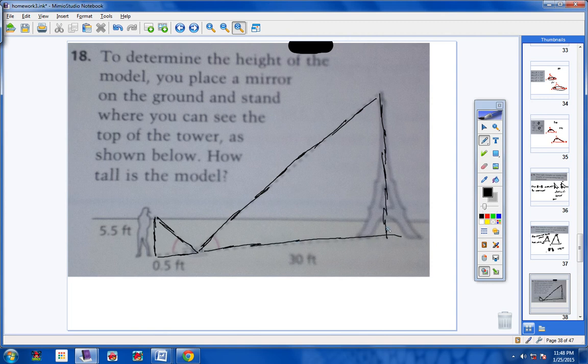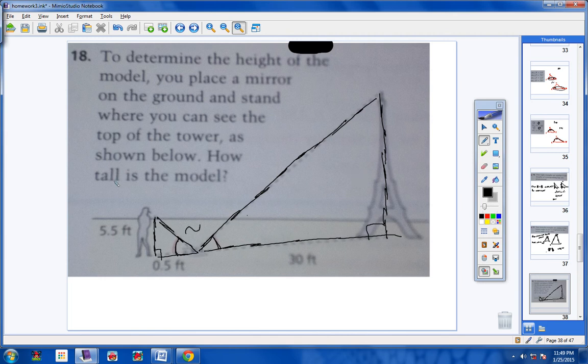So I've got a right angle here, I've got a right angle here. They tell you these angles are congruent. Students, you have two angles in this triangle congruent to two angles in this triangle. That means they're similar. Anytime two angles in one triangle are congruent to two angles in another triangle, the triangles are similar.